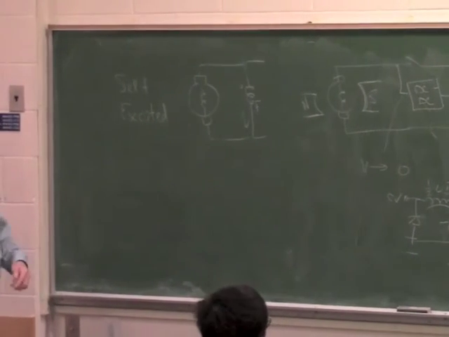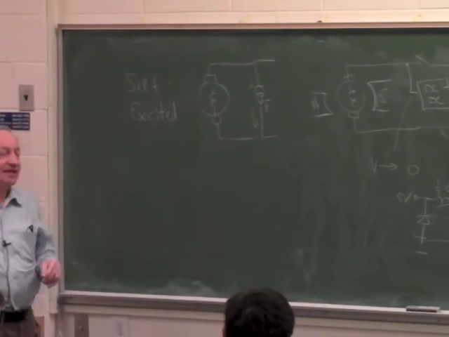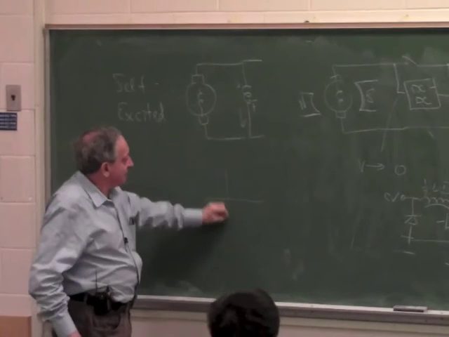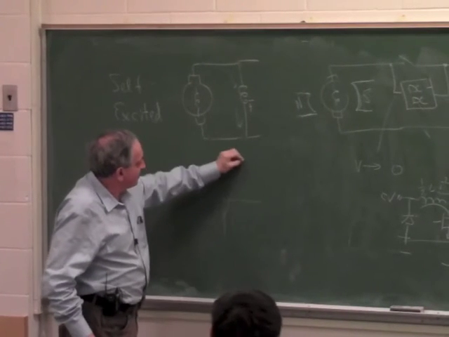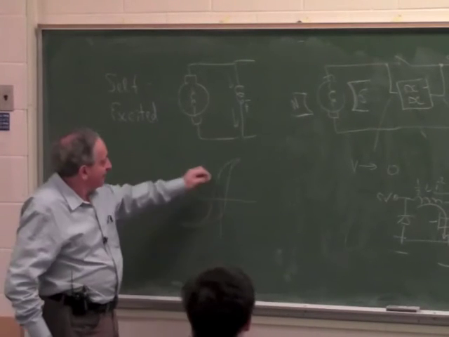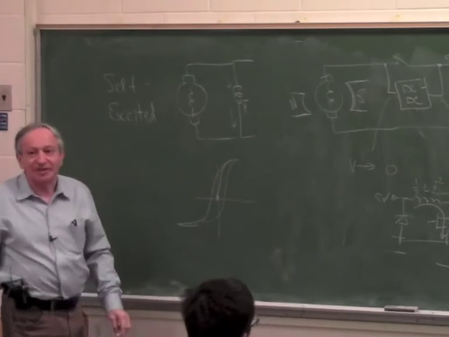Now, when you talk about synchronous motors, yes? Could you repeat the last part? Yes, because in every piece of steel there is some residual magnetism. This is the hysteresis loop, and when you shut off the power, it doesn't come back to zero. It comes back with some little residual magnetism.